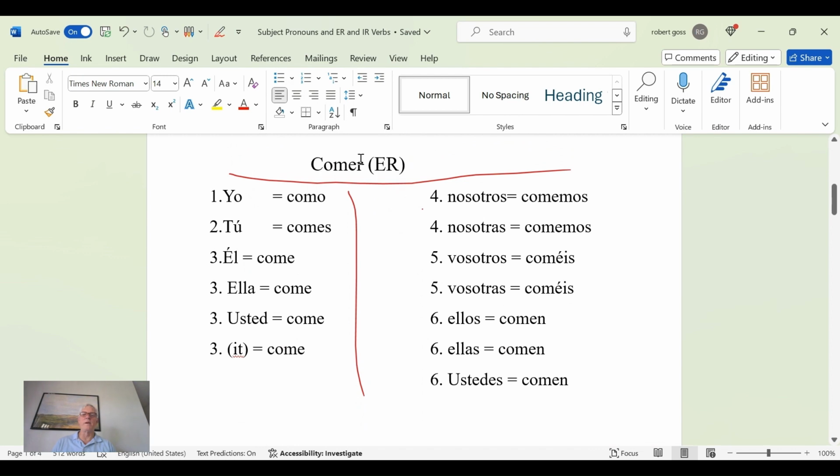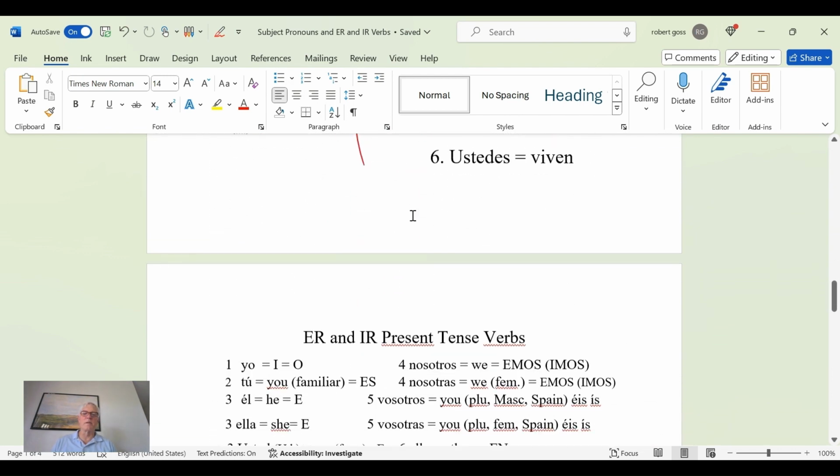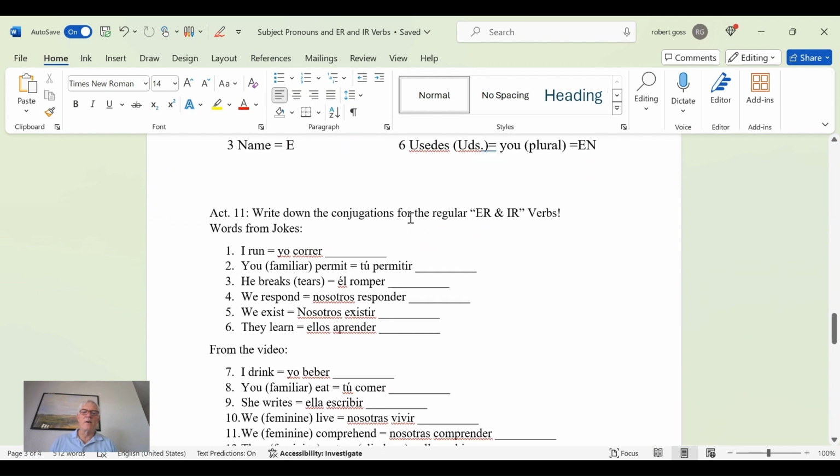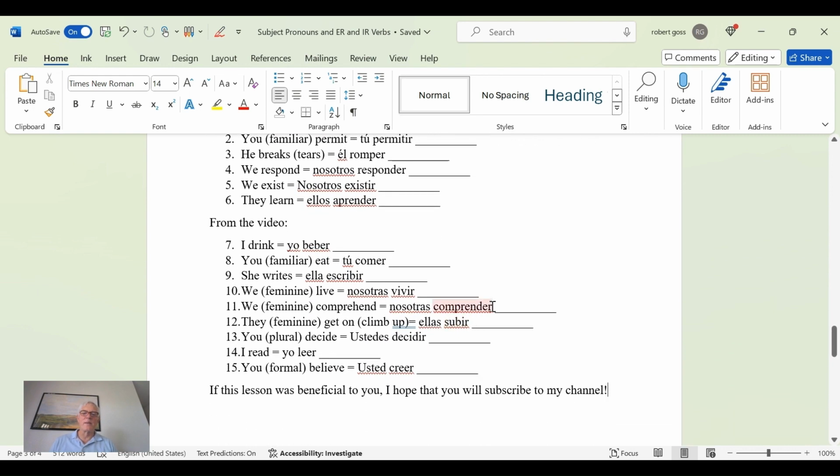We have comer as one, and then we have some exercises that we'll do a little bit later, where we have correr, romper, responder, aprender, beber, comer, comprender, leer, creer. So we'll have examples of several ER verbs that we're doing.